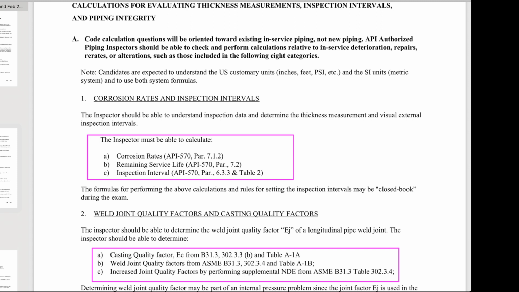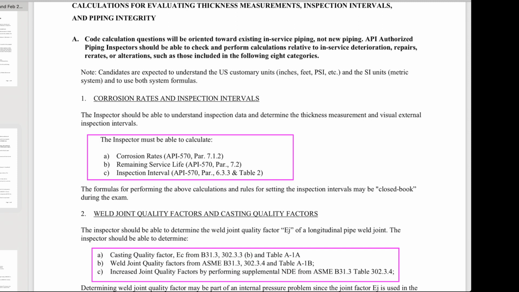And the next thing, weld joint efficiency and casting quality factors. This is from B31.3 process piping. As I highlighted, there are Table A1A and Table A1B. One belongs to weld joint efficiency, the other belongs to casting quality factor.